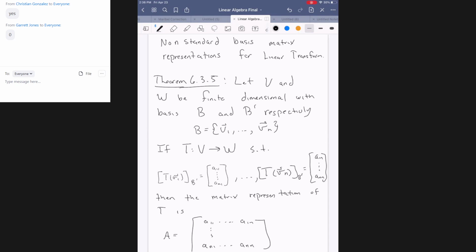So now this is what's going to represent the matrix of a linear transformation on a general vector space. So let's finish up basically with two examples.